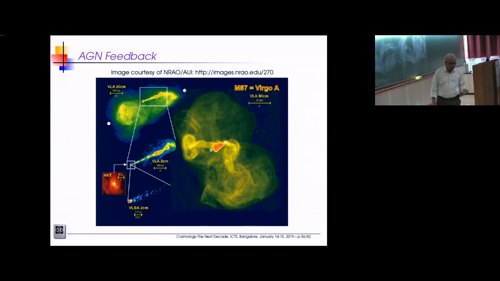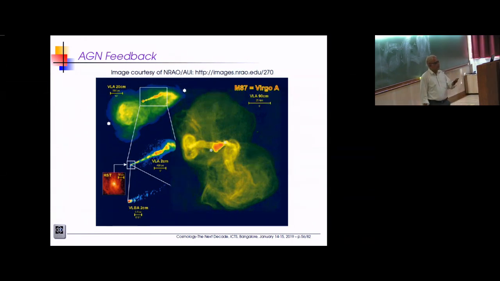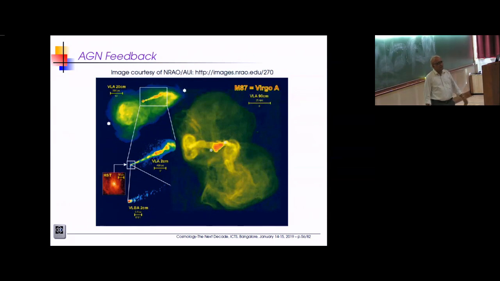Sometimes the active galaxy also emits jets, and these jets can be seen in radio observations. They emit synchrotron radiation. In this particular case, the jet has filled out whole lobes of relativistic synchrotron-emitting plasma.